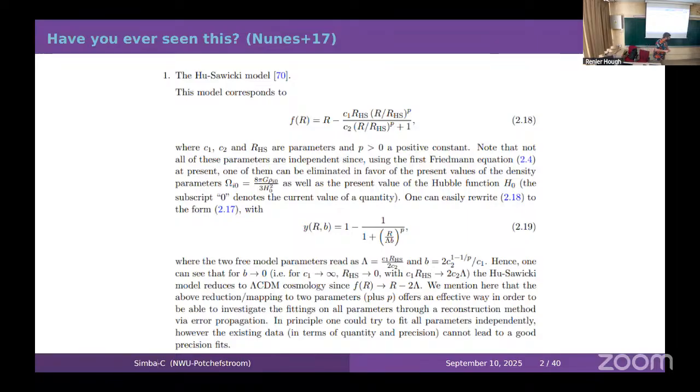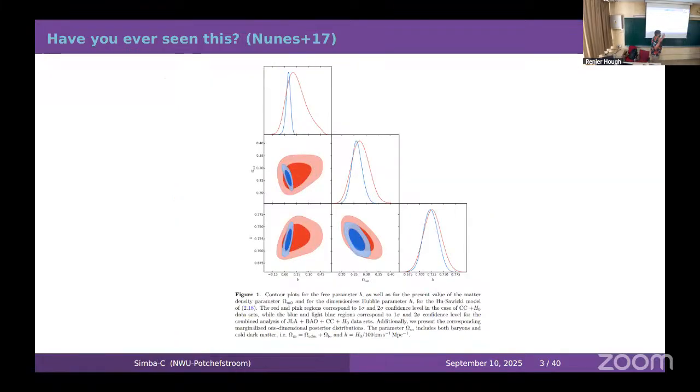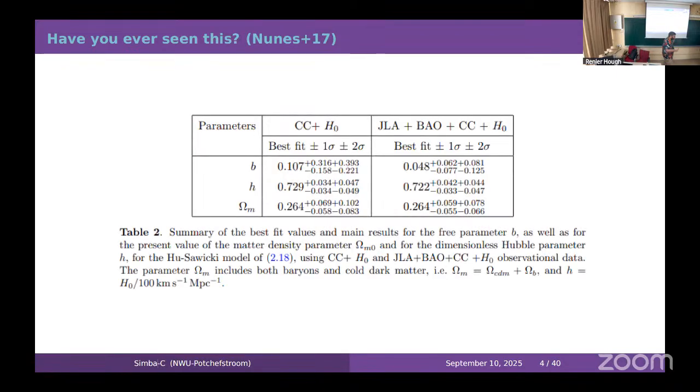So we have all seen this in countless papers. I'm just using one here as an example, where people take a modified gravity model, kind of how Prof. Dunsby did earlier, explain what it is, and then give the probability distribution of this and the best fit values.